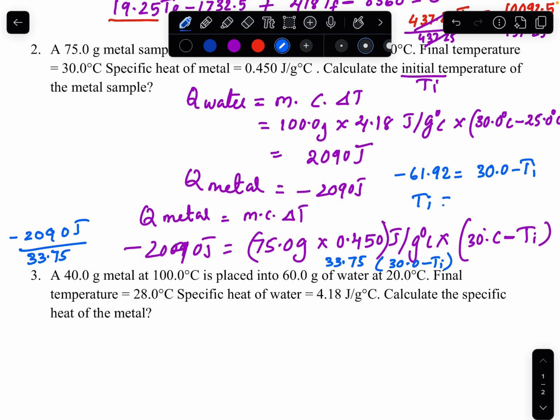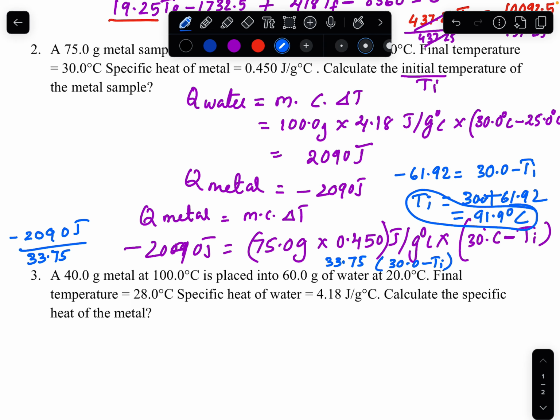So Ti will be equal to 30 plus 61.92. So my answer, you can round it. This is 30.0, so say fixed matter. So the answer will be 91.9 degrees Celsius. That will be the initial temperature.